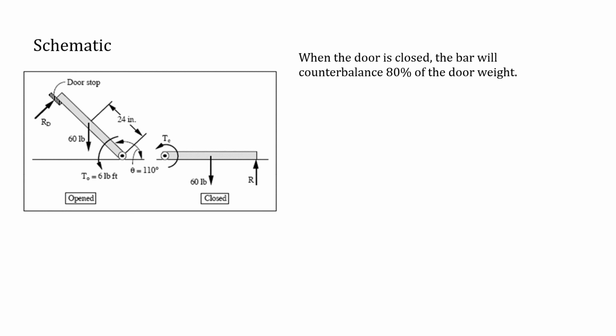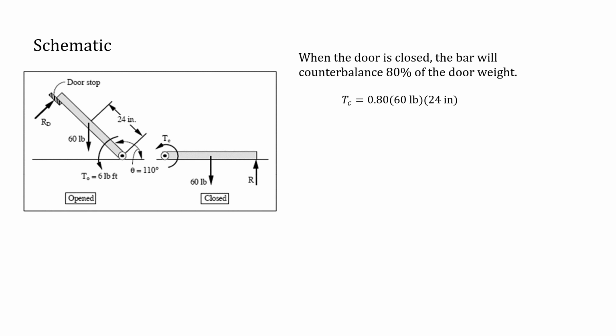So the problem tells us that when the door is closed, the bar is going to counterbalance 80% of the door weight. So this torque when the door is closed is going to be 80% of the moment caused by the door weight. That moment is your 60 pounds, which is the weight of the door, times 24 inches, because that's how far away it's acting from the hinge.